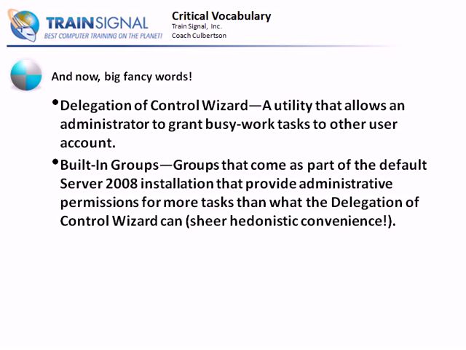And that provides more administrative permissions than what the Delegation of Control Wizard can allow. So this is one of those things that's kind of a sheer hedonistic convenience for you as an administrator. You don't have to go in and tweak a whole bunch of group policies or anything. You just add them to a group, and then they have the permissions that they need.